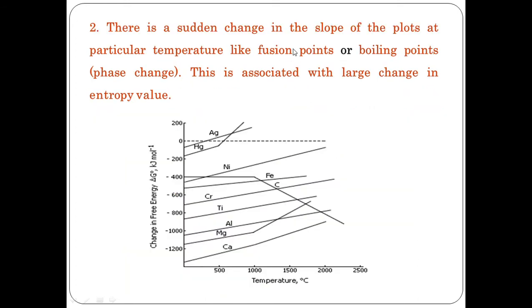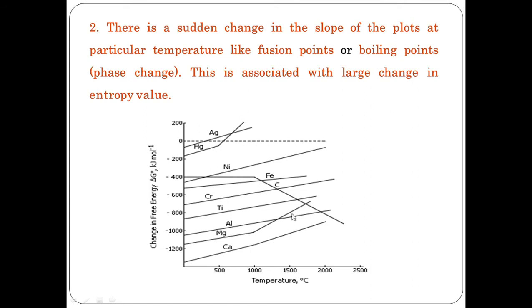Second, there is a sudden change in the slope of the plots at particular temperatures, like fusion points or boiling points. In this Ellingham diagram, when we see the slopes or lines, we observe a sudden change or deviation in some lines. In magnesium, iron, mercury, we observe some deviations.